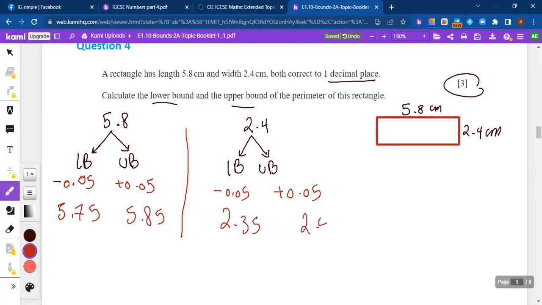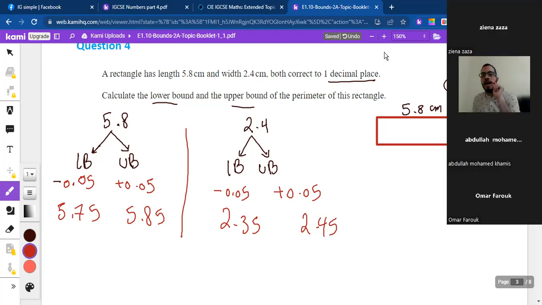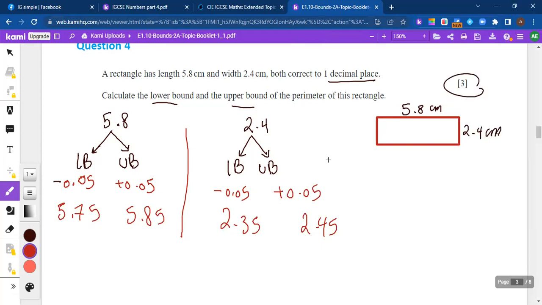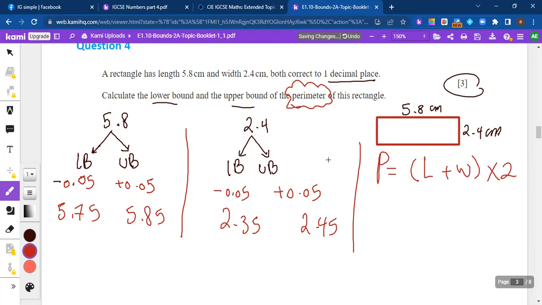Now the problem is, you got the area by multiplying the length by the width. But the question here says, find the perimeter of the rectangle. So the formula is length plus width times 2. Okay, Omar? Okay, Zena?